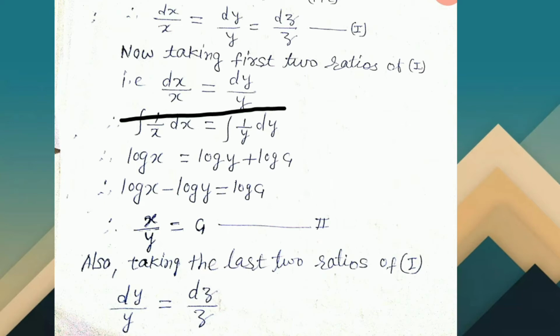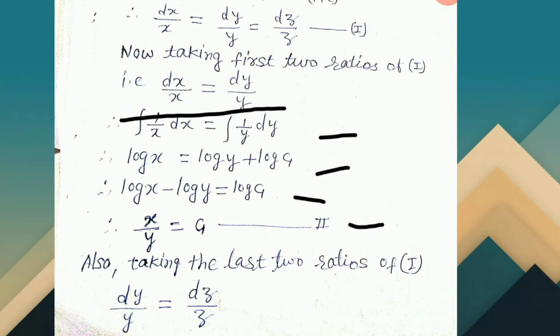Integration of 1 upon x dx is equal to integration of 1 upon y dy. So the integration of 1 upon x is log x, is equal to the integration of 1 upon y, which is log y, plus integration constant log c1. So log x minus log y is equal to log c1, and we know that log x minus log y is log of x upon y. So we get x upon y is equal to c1. Suppose this is equation second.